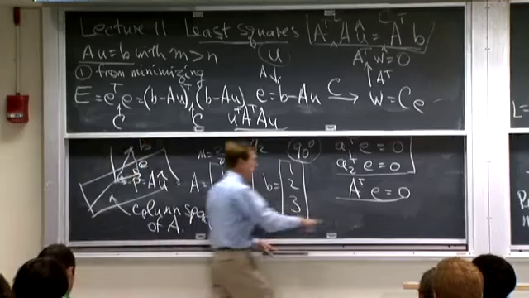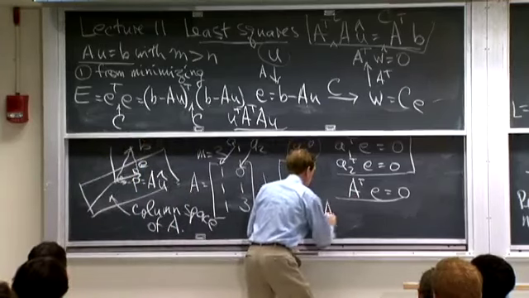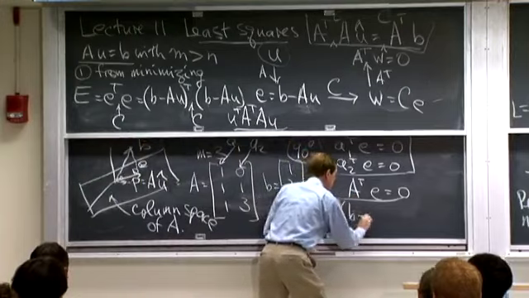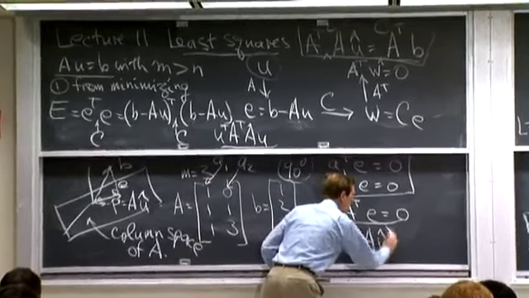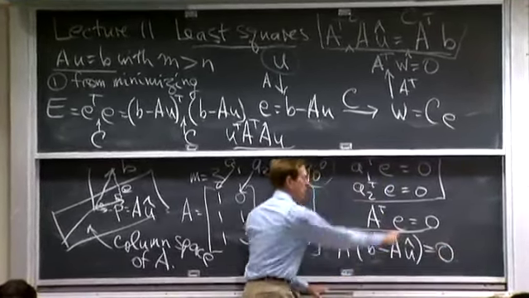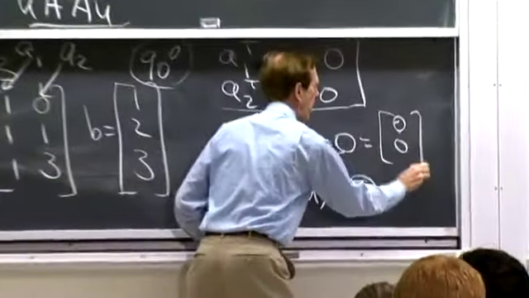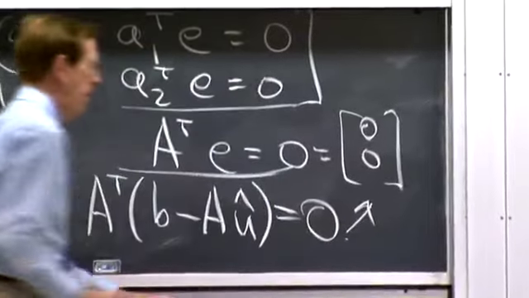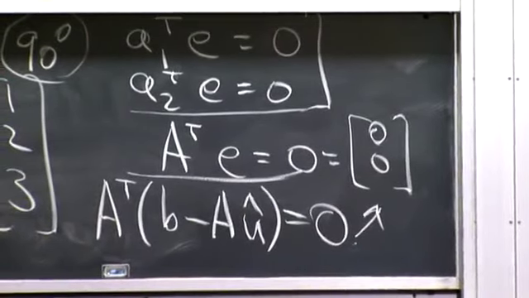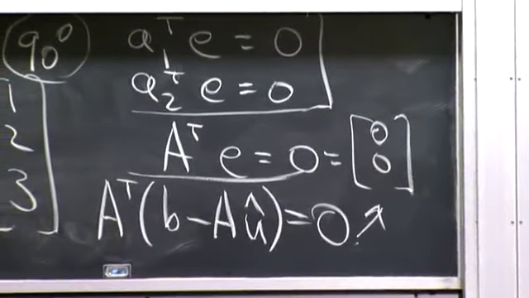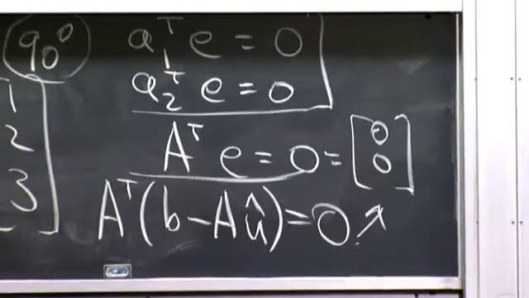Okay, and let's just go one step further and see. That's A transpose times B minus A U hat is 0. Remember, this 0 stands for 0, 0, right? I wanted to put the two equations together, so I've got two components on the right-hand side.